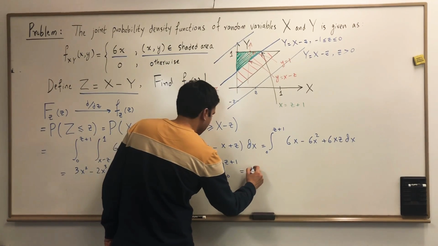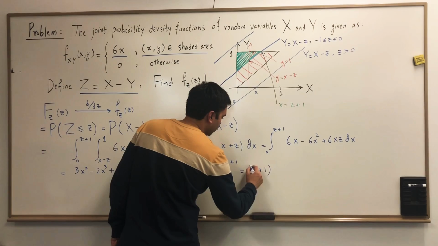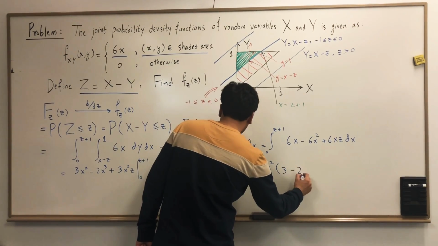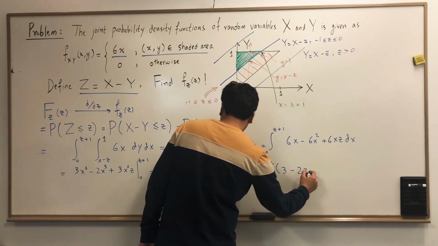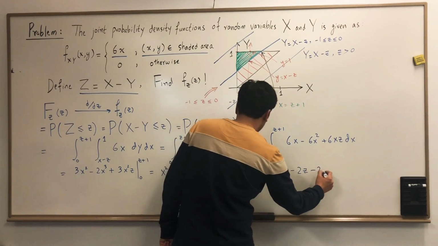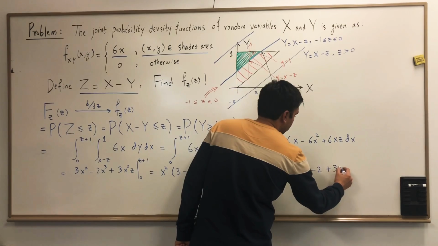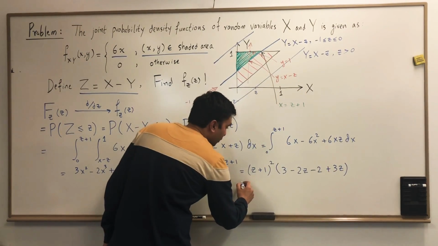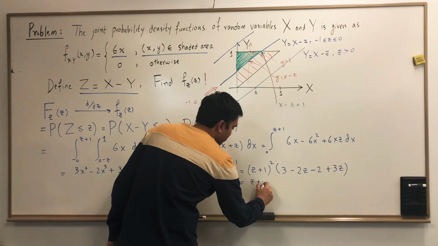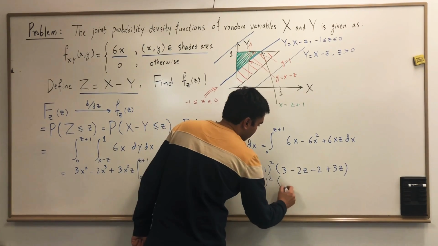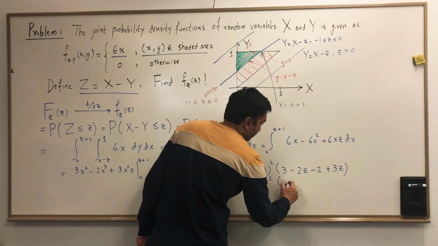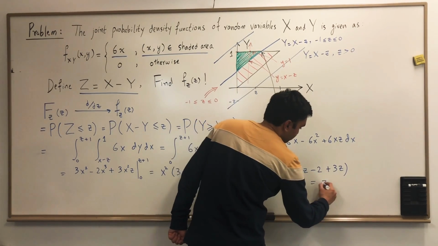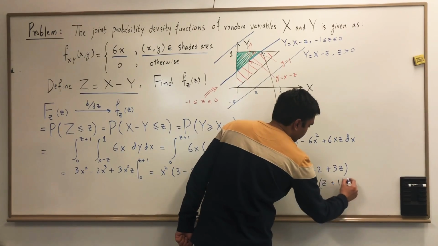And then we can write this as (z plus 1) whole squared times (3 minus 2z minus 2 plus 3z), which will be (z plus 1) whole squared times (z plus 1), and that turns out to be (z plus 1) whole cube.